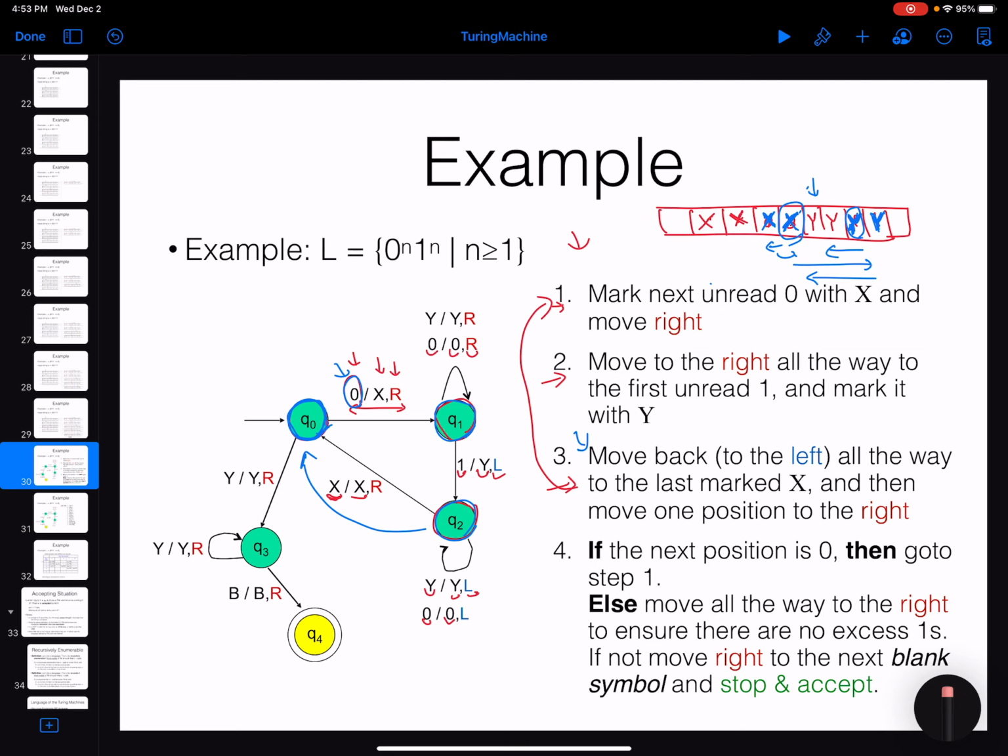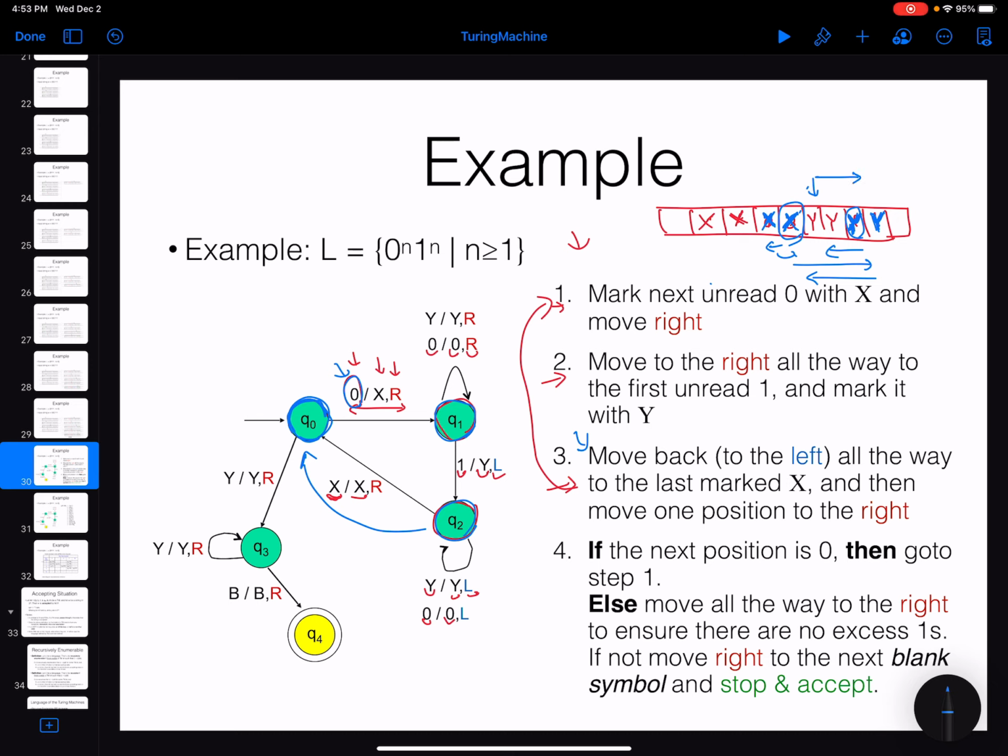We are done with reading all the zeros, and we reach the beginning of the ones that have been replaced with y. You are at q0, and the next symbol to be read is a y. It tells you that, okay, I'm done with reading all of the zeros. All the zeros have been marked, and I have replaced all the ones with y as well.